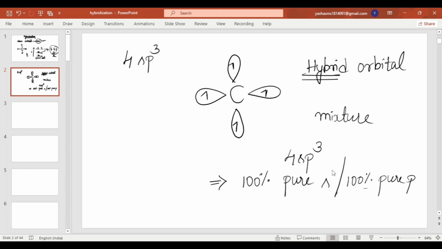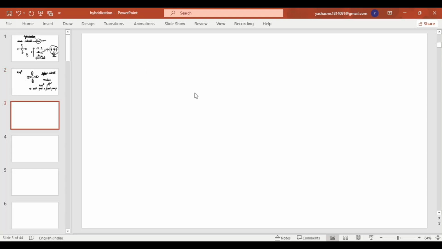Then, how much percent of s character is there in sp3? If I ask, what will you tell? Here, s p p p. I am writing sp3 like this. Suppose total is 100%, how much s percent is there? Just count. One s is there, here the second orbital, third orbital, fourth orbital. 100 divided by 4, how much is it?